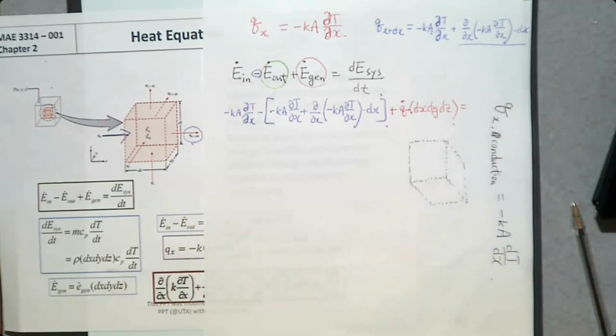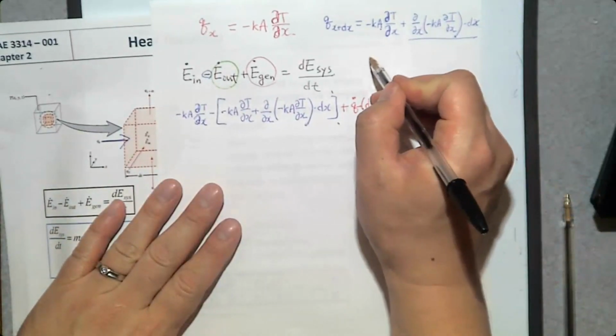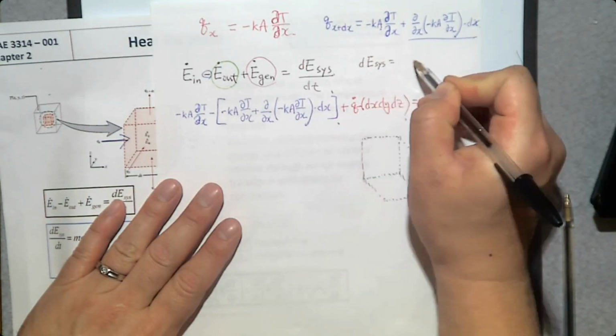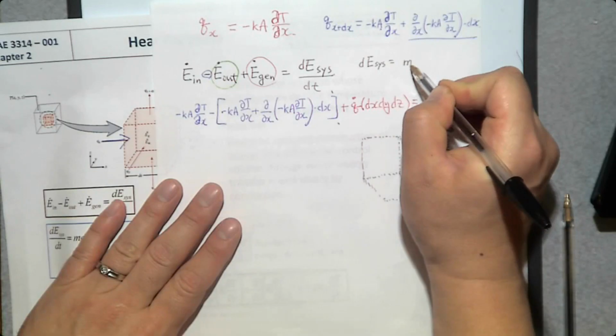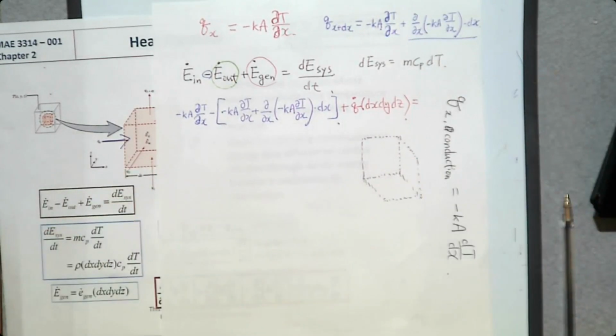Is going to be what? The change of energy of the system. Then how do you determine the change of energy of the system? If it is a pure solid, we can use specific heat. How do you determine the total energy change of the system? We can use specific heat: mass times specific heat times temperature difference, right? It is dE over dt.